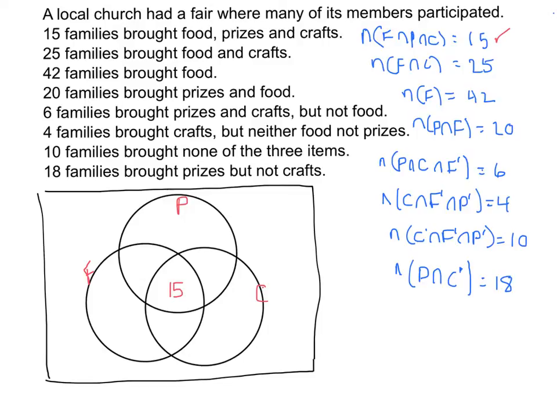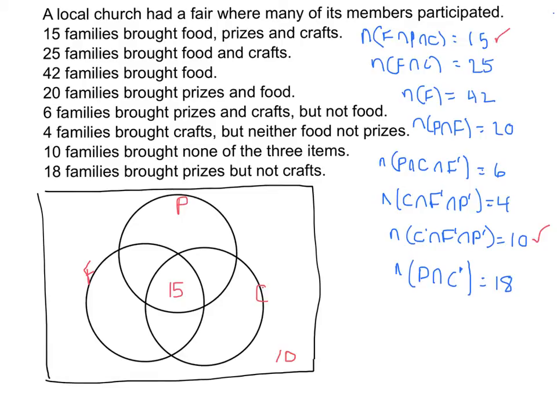The second piece of information that's easy to fill in is the 10, this second to last piece, which is C prime intersect F prime intersect P prime, which means that it's in the universe, but not in any of those circles, which is exactly this area out here in the universe, but not in the circles. So that's going to be where we put our 10. So now let's go into our information.